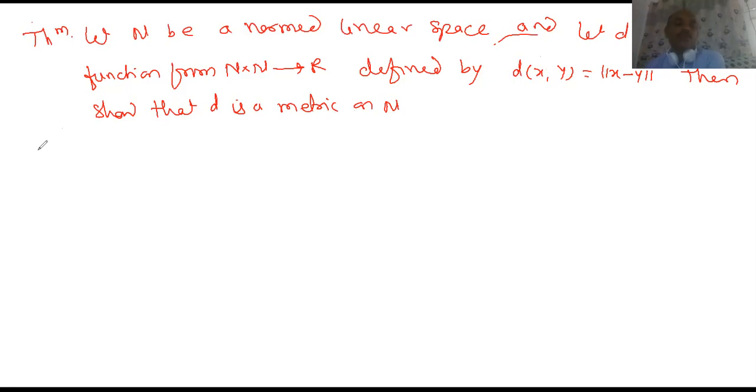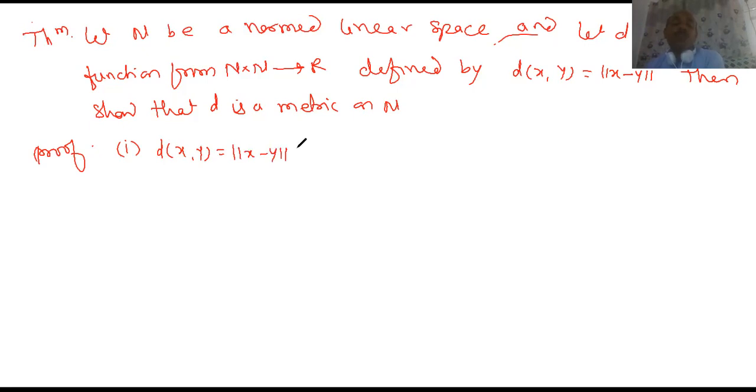So, proof. Here, first condition. We show that d is a metric on N. The first condition is d of x, y is greater than or equal to 0. The definition of d of x, y is norm of x minus y.